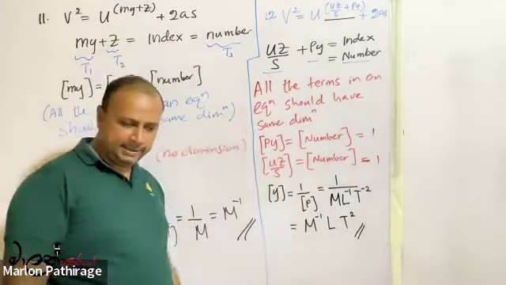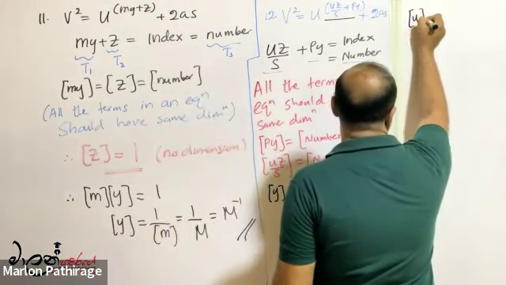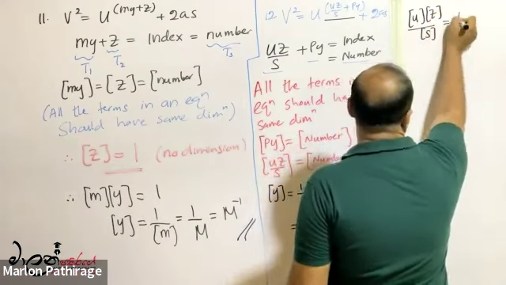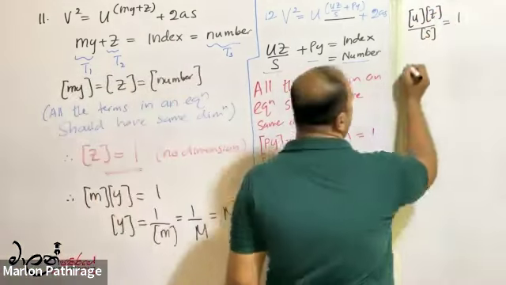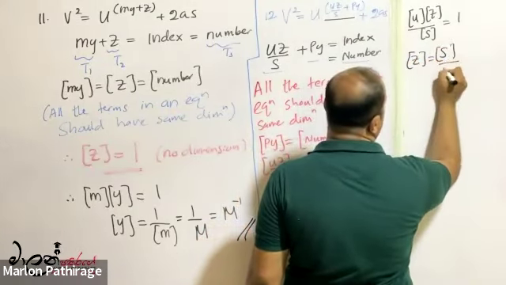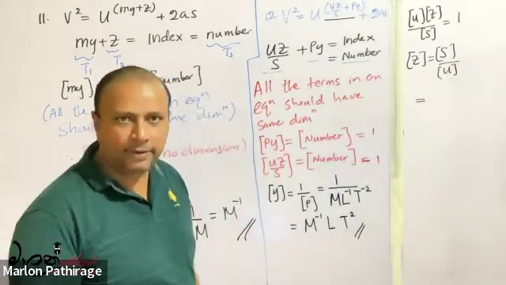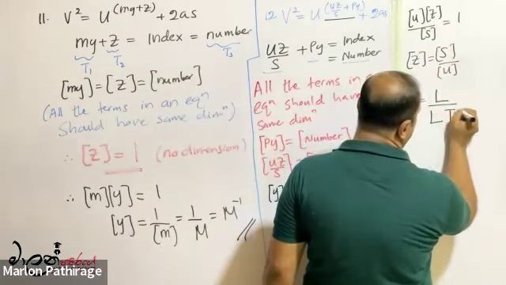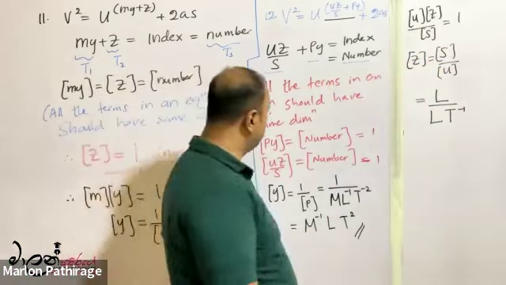Then here, dimension of U Z over S is equal to 1. Then you get the subject dimension of Z. If you subject dimension of Z, that is equal to dimension of S over dimension of U. Dimension of S means length or distance, L. U means velocity, L T minus 1.